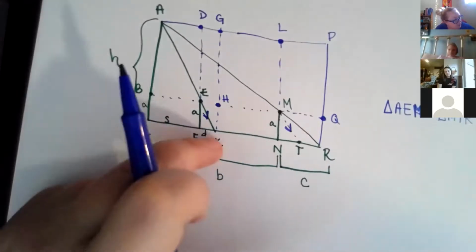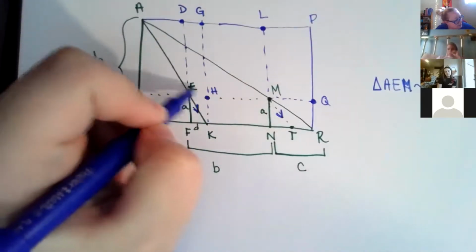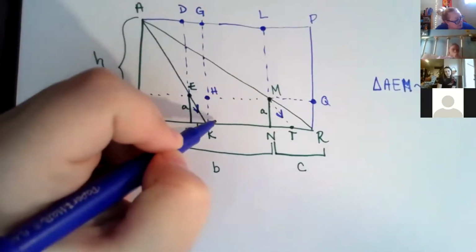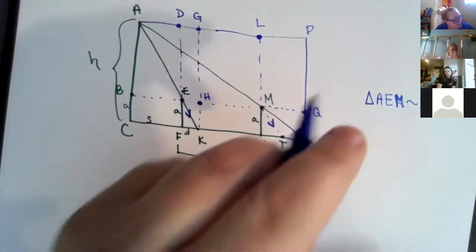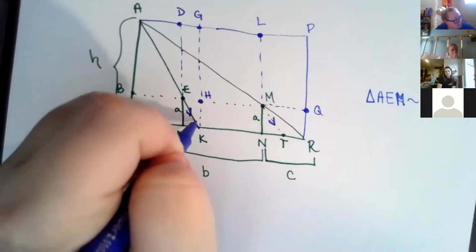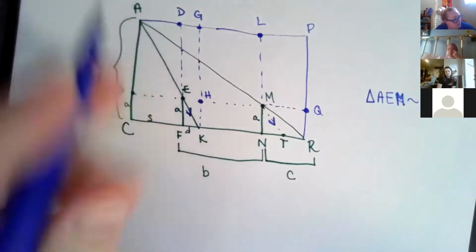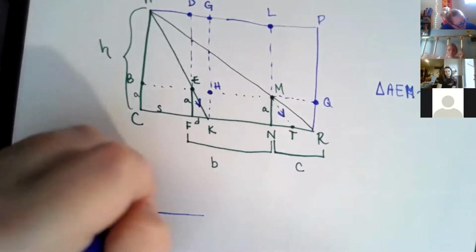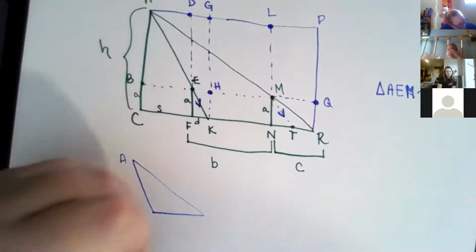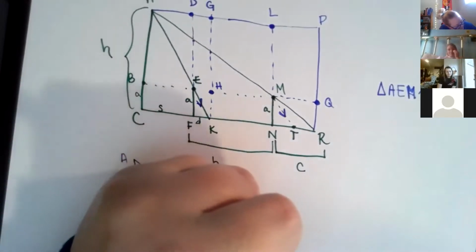If these are parallel and that's parallel to that, this angle is the same as this angle. And since these two lines are parallel, that angle is the same as that angle. So that would mean that AEM, if I pull that guy out, and then we have the little one.